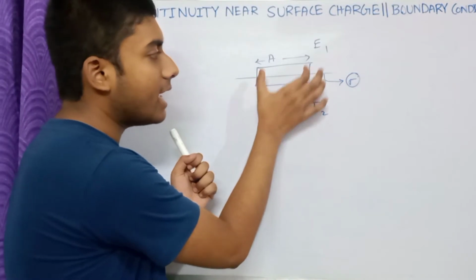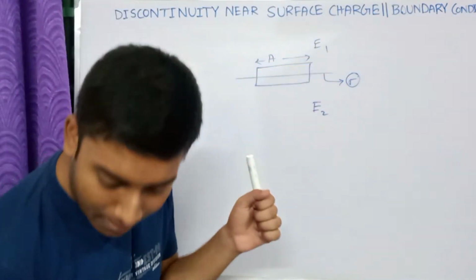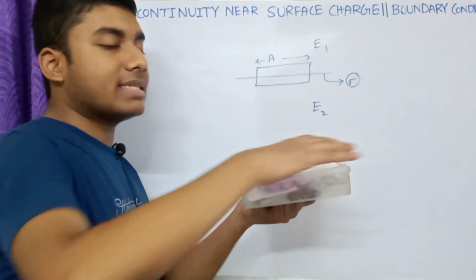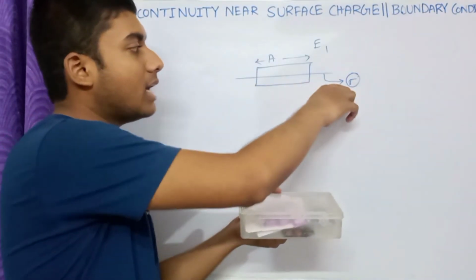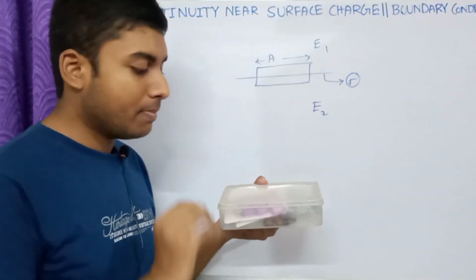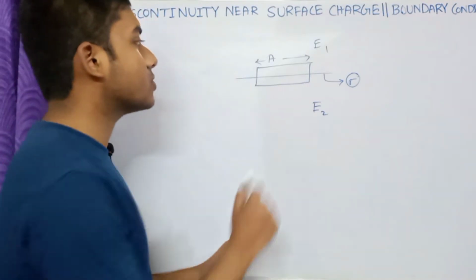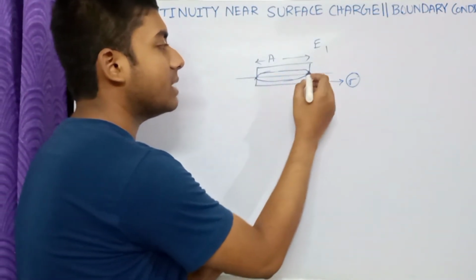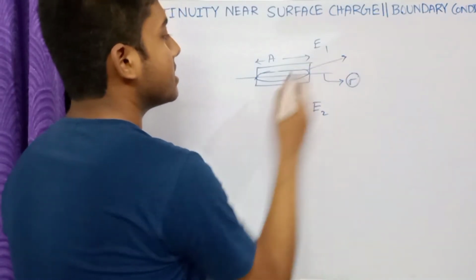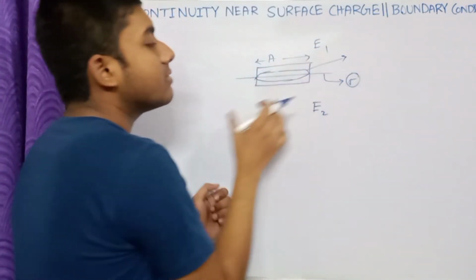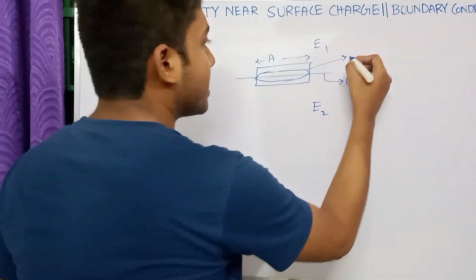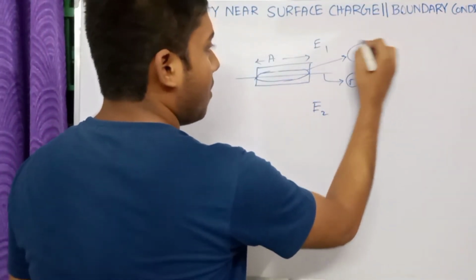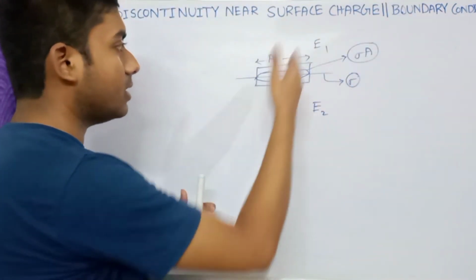You have to imagine this box is inside this surface, and this box is a total enclosed surface. The charge enclosed will be just this surface area, the upper surface area, times the surface charge density sigma. So the charge enclosed by this Gaussian pillbox will be sigma times A. Now how can we calculate E1 and E2?